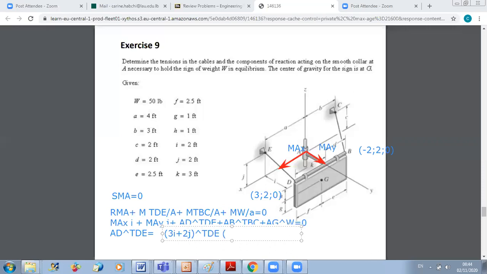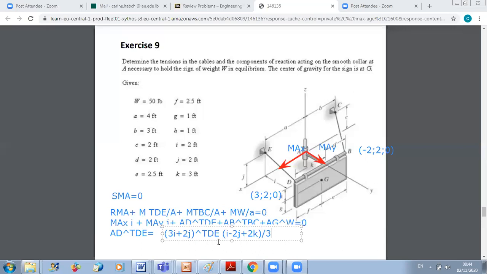What were the components of the unit vector of DE? i minus 2j plus 2k. So this is over, and don't forget, over 3.